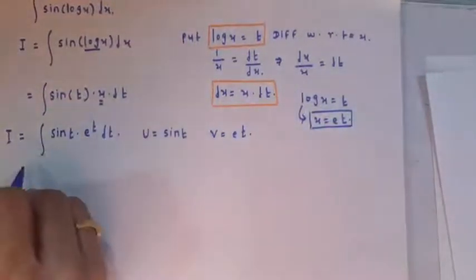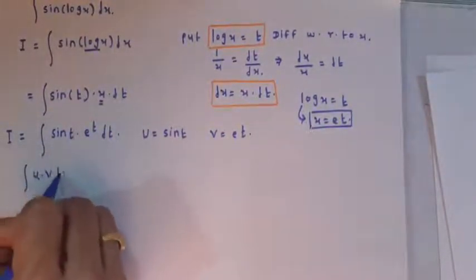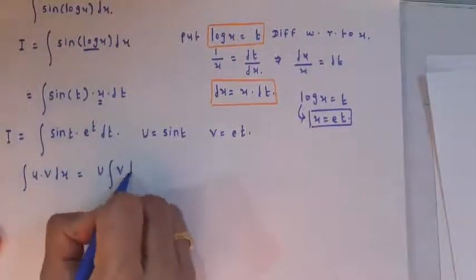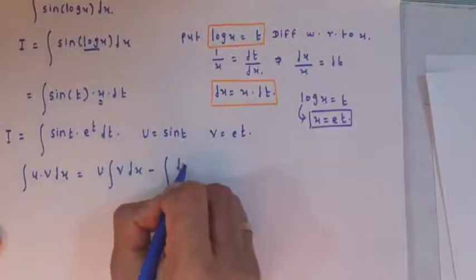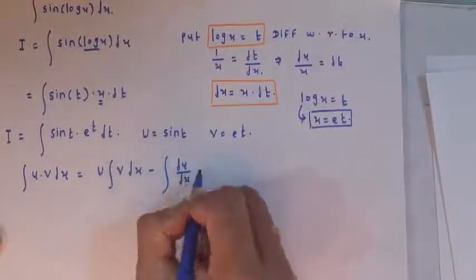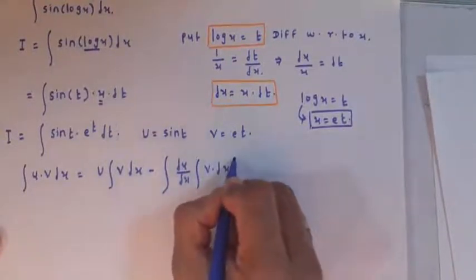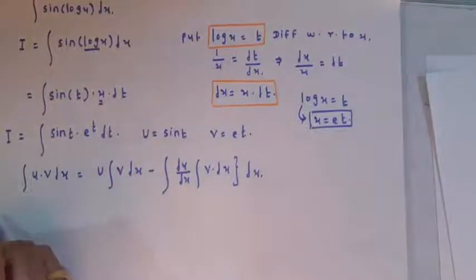Now by using the by parts theorem, integration of u into v with respect to x equals u integration of v with respect to x minus integration of differentiation of u with respect to x into integration of v with respect to x, and whole integration with respect to x.